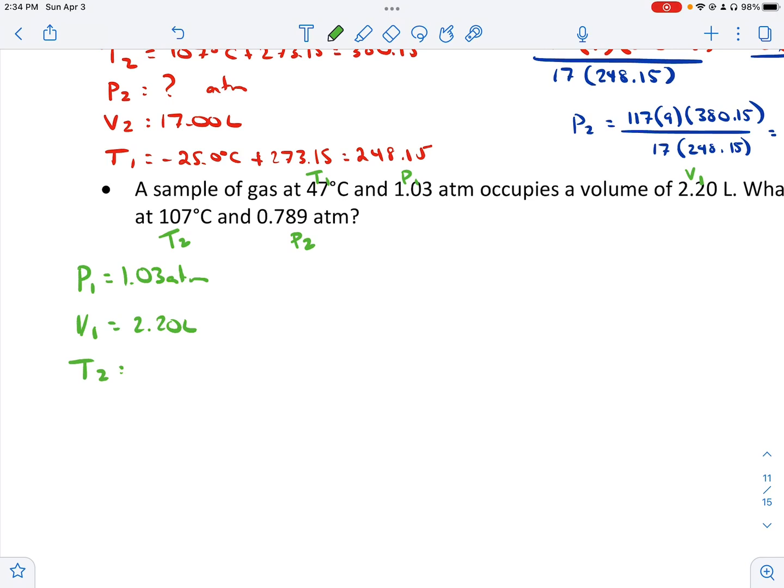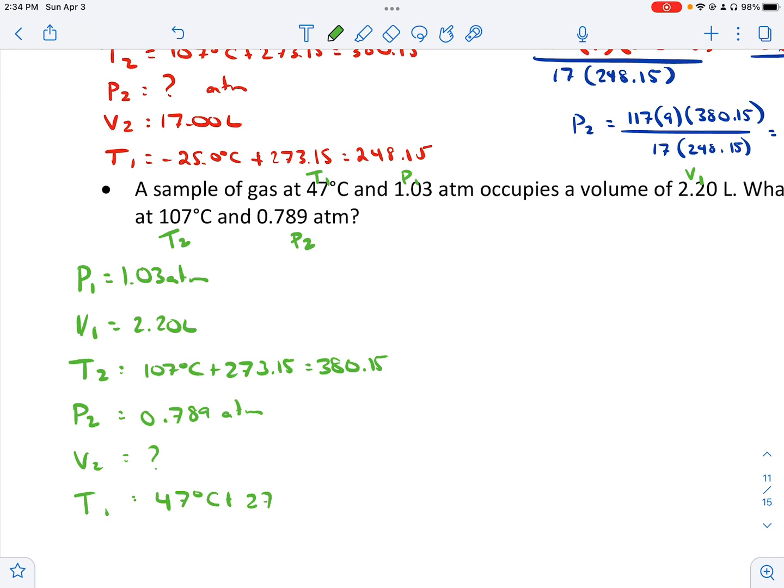T2, that 107, we actually did that math up above, so we can go ahead and reuse that, 380.15. P2 is 0.789, so our pressure is going down. They're both in atmospheres, so that's awesome. V2 is our question mark, and T1 is that 47 degrees C. So we're going to have to add 273.15 to that.